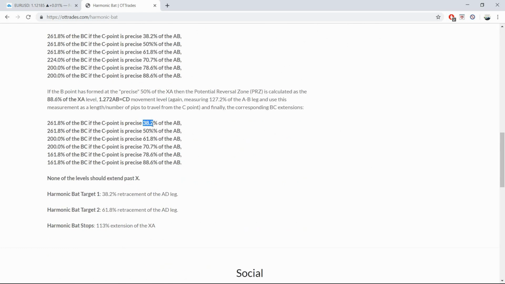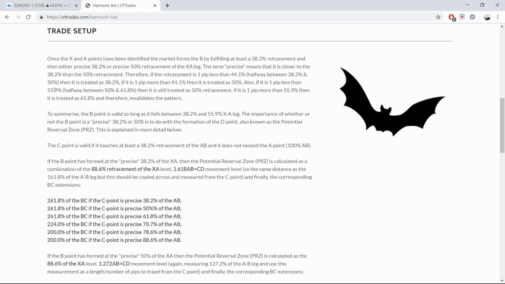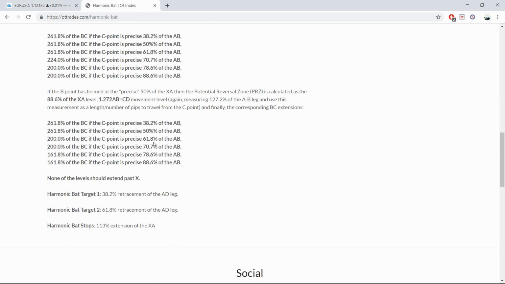So if it's above, closer to 38.2, so above the 44.1%, then it's going to be a precise 38.2. If it's below that 44.1% and closer to the 50% by 1 pip, then it's a precise 50%. If it's higher than the 55.9%, was it? If it's higher than that, then it's the 61.8. If it's lower, then it's closer to the 50, and so on and so forth.